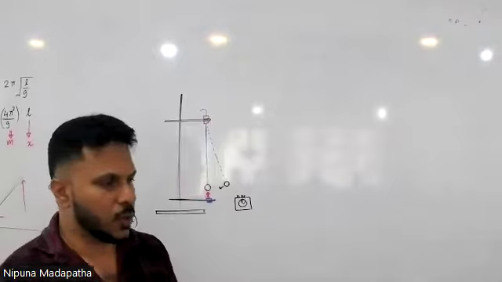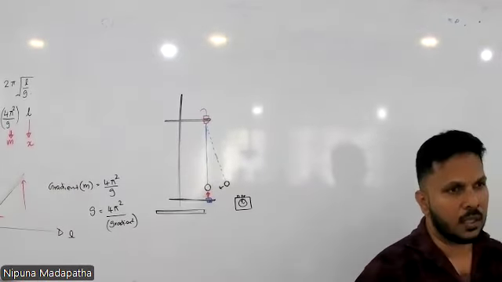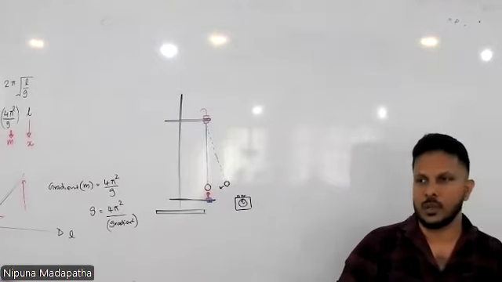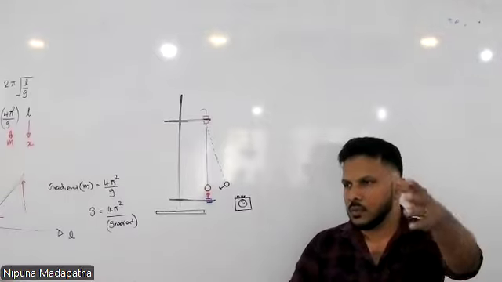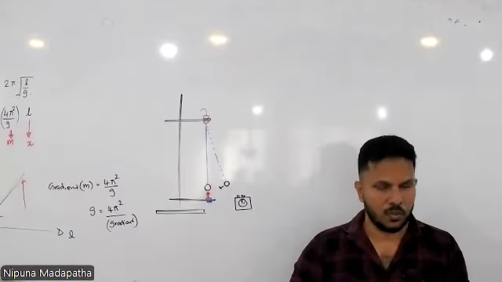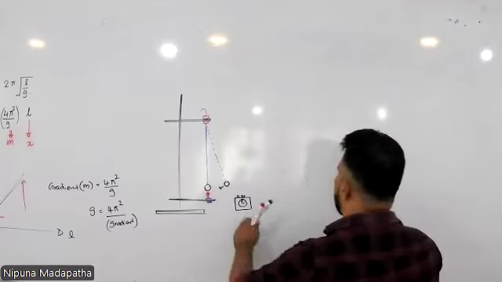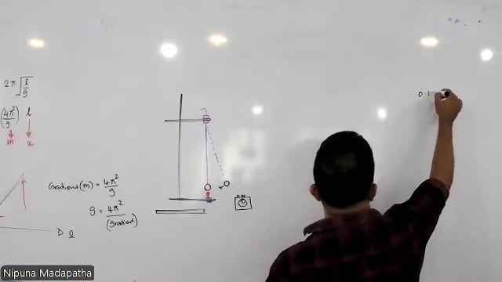If you take a 1.5 meter length of pendulum and you swing it, the time period of the pendulum must be about 1.5 seconds or something. So if the least count of the instrument, the stop clock, is 0.1 seconds, we are using.